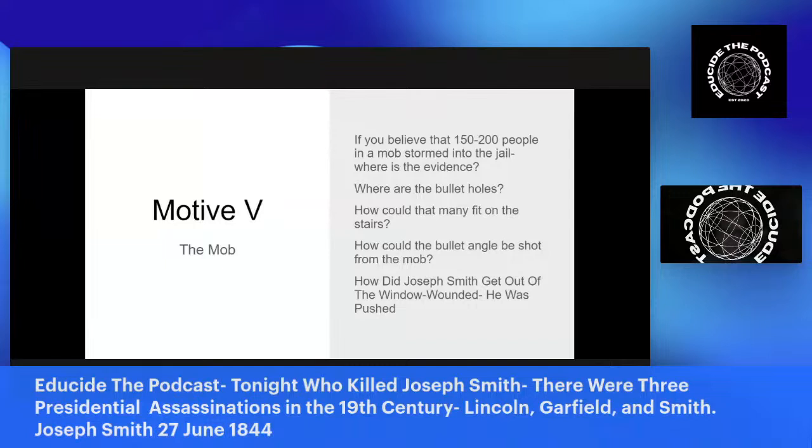How can a bullet be shot through the wall, shot through the door and hit Joseph Smith in the face without putting wood splinters and without damaging his face more than a small ball? Remember, these muskets were 69 caliber. How did Joseph Smith get out of the window? Wounded. Was he pushed?